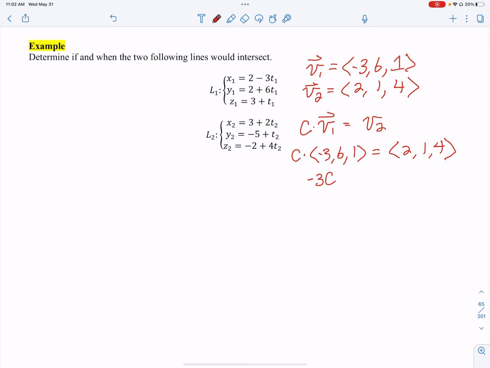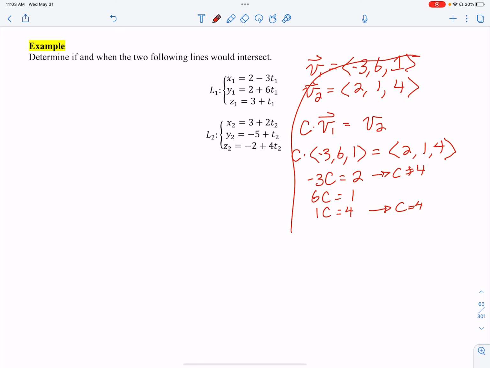Now, we only have to find one c and then show that it doesn't work for the other ones. I'll set up these three equations. -3c equals 2, 6c equals 1, and 1c equals 4. So we have c equals 4, but notice that c does not equal 4. So that tells me that it's not parallel.